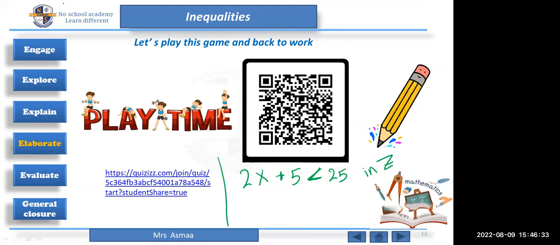Miss, I have finished and sent the answer. Yasin, I want you to write the solution set. What is the number in the solution set?